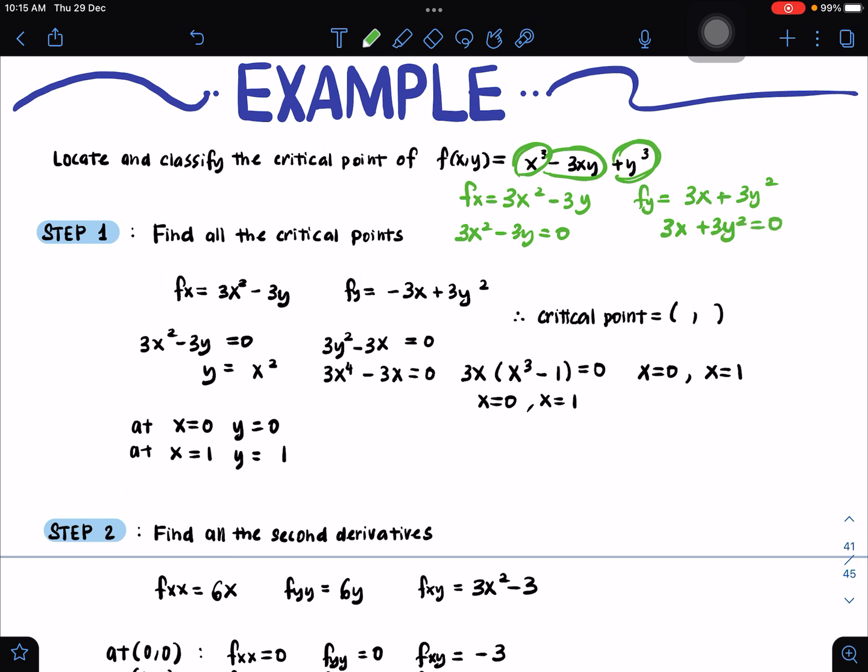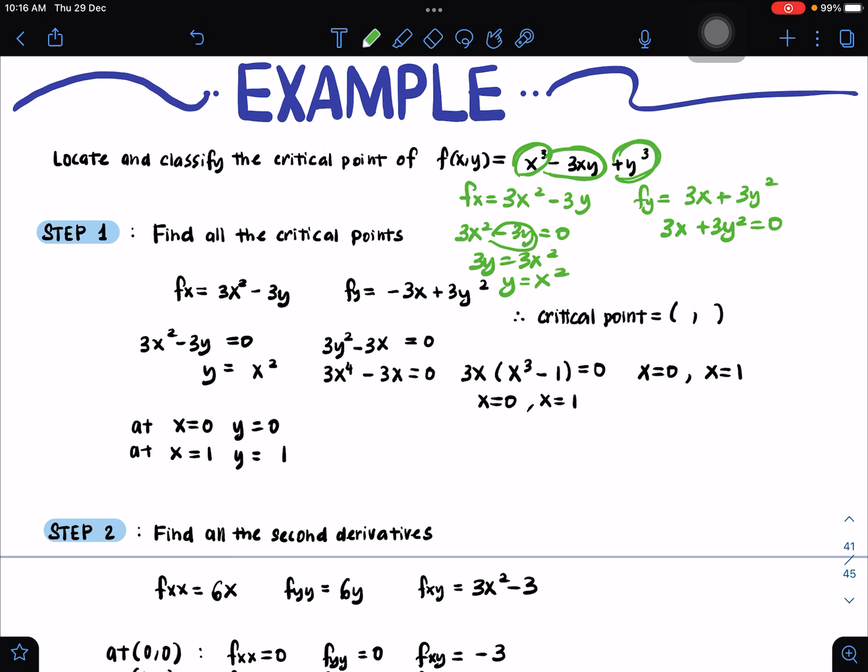Kita tak boleh solve. Kerana dalam kedua-dua function ni dia ada x dan y. So apa yang kita kena buat adalah kita kena buat persamaan serentak nak cari nilai x dan y. Okay, kita jadikan y sebagai subjek. So kita ada 3y sama dengan 3x square. So y sama dengan x square.